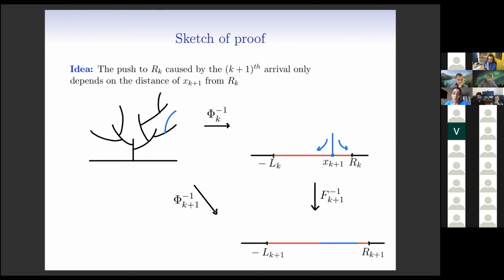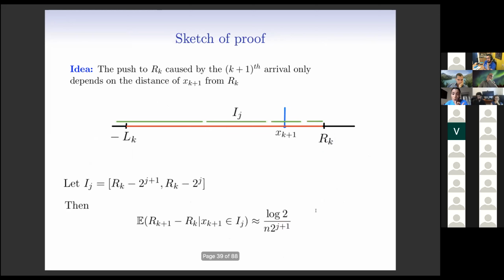But this mapping out function is obtained from an explicit function just by conjugating with a random translation. And so we can estimate how much applying this function moves points. And the key observation here is that the push that the right extremum gets by the arrival of a new particle only depends on how far from it the new particle lands.